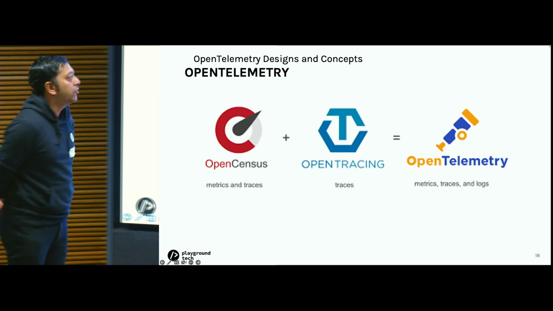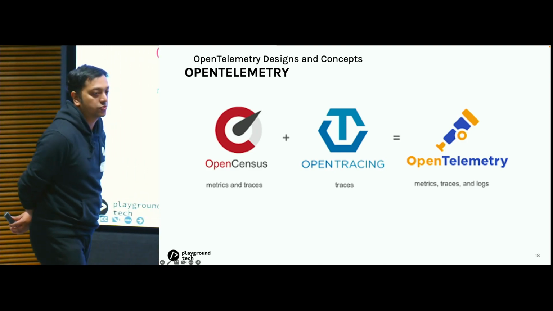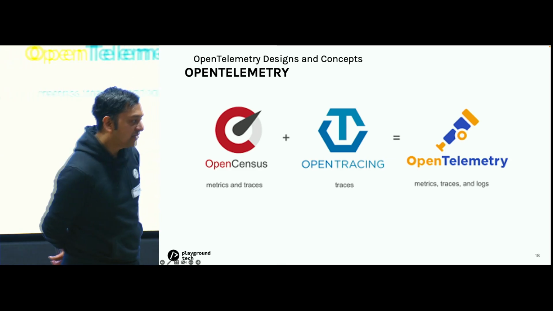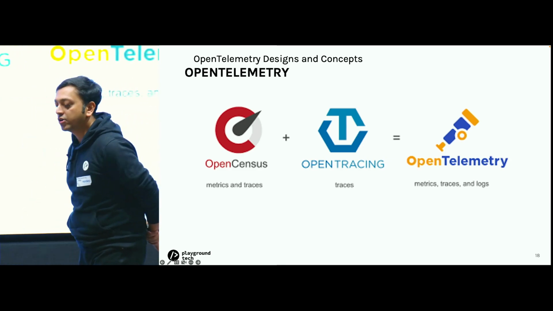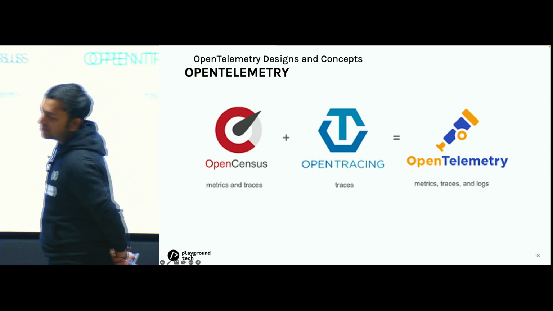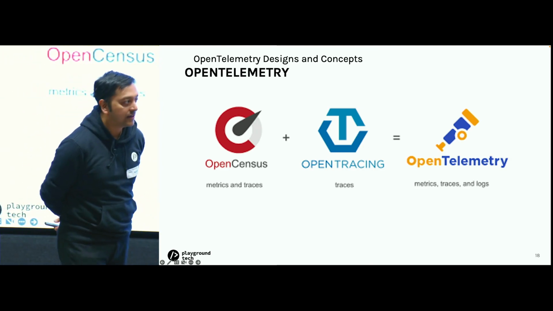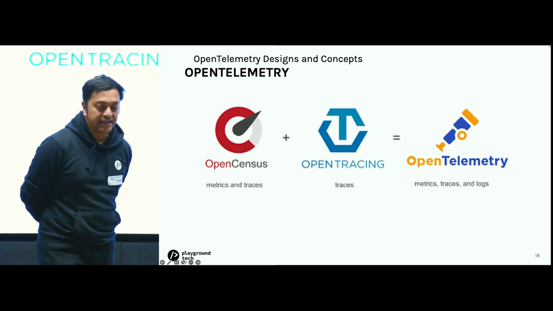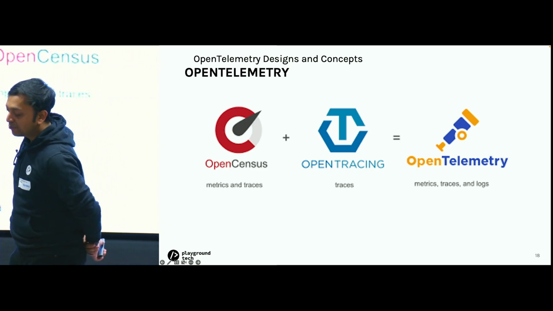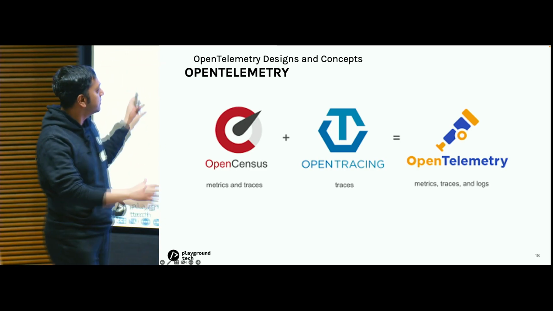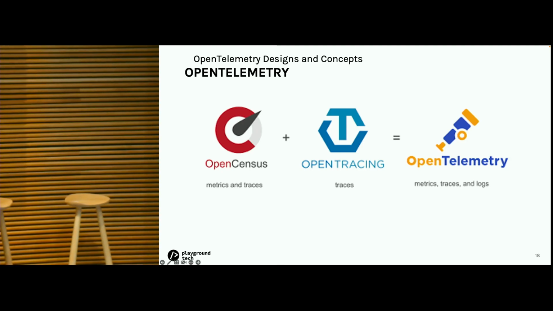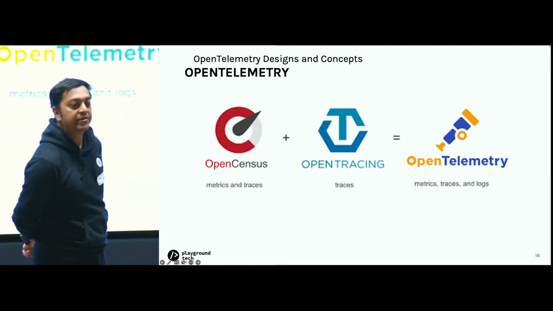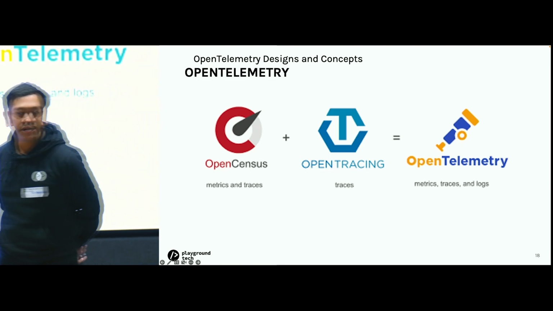Back in 2019, we had two projects, OpenCensus and OpenTracing. If I go back, I have seen OpenTracing used especially in Kubernetes workloads. If I go back even further, we used something called Zuul and others in the payloads as well. But in 2019, the community leads of OpenTracing and OpenCensus came together and said that we are co-committed to this observability cause, so why not come together in synergy and work together?